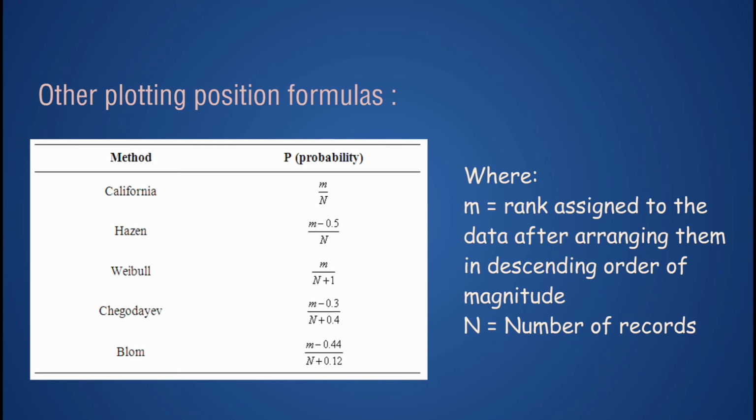Thus, the maximum value is assigned m equals 1, the second largest value m equals 2, and the lowest value m equals n, where n is the number of records.